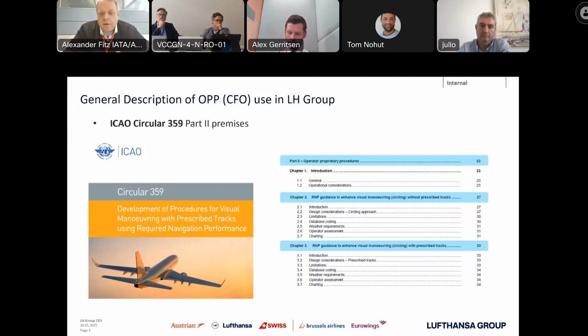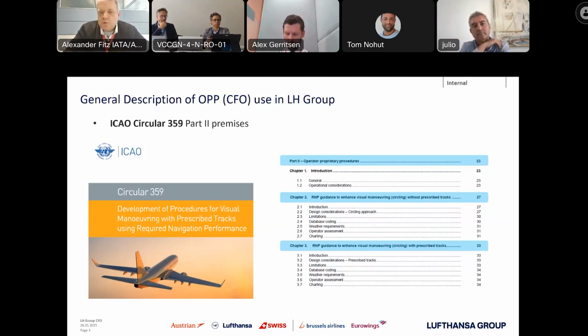If we take ICAO PANS-OPS, Doc 8168, Volume 1 and Volume 2, there is a procedure design for circling, for example, which gives just a circling area but no defined flight track. This can be substituted by prescribed tracks; that's Chapter 3.